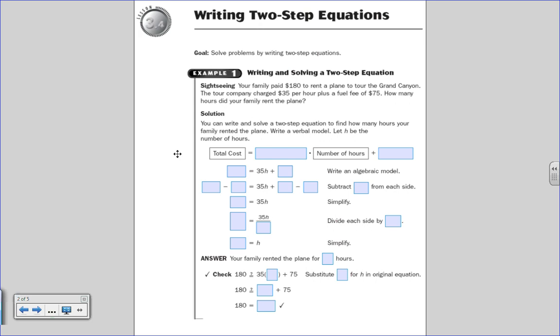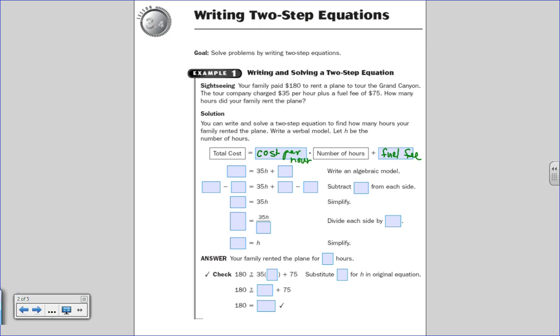So, we got to write an equation. The total cost for renting it is going to be how much it costs per hour times however many hours you have it for, and then you have to add on that fuel fee at the end. No matter how long you go up, you got to spend that 75 bucks.